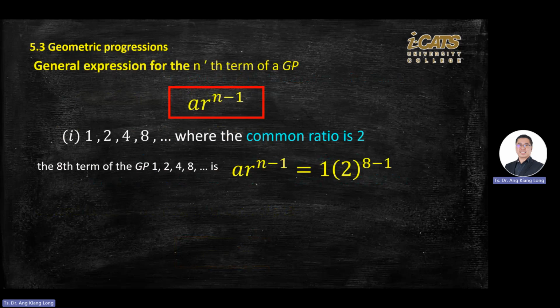Then the next step, you do substitution. You need to tell me what your A, R and n are. If you do substitution and press your calculator, you will get 128 in this 1, 2, 4, 8 GP series.